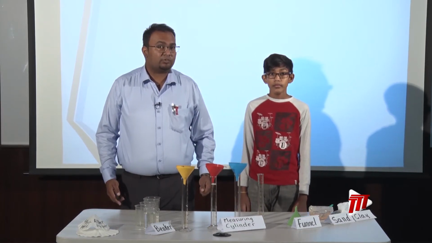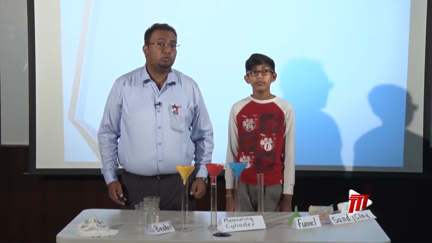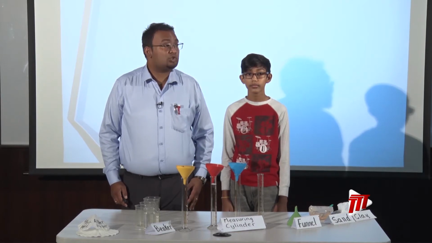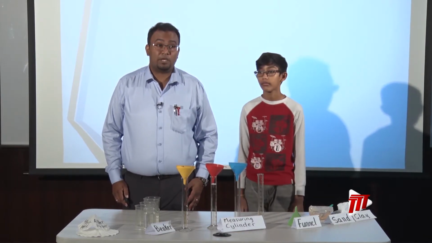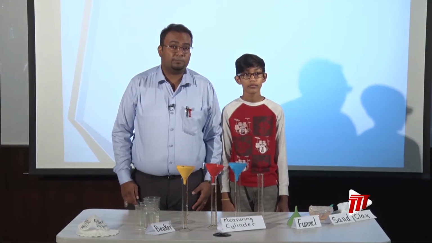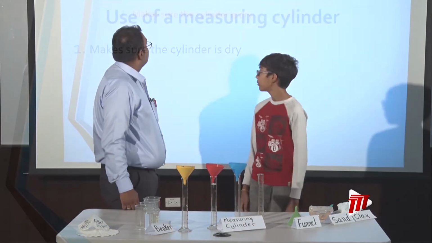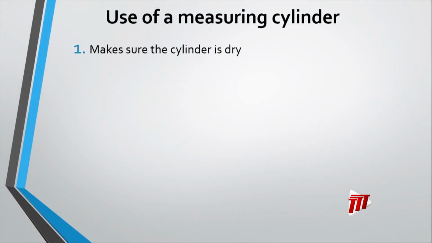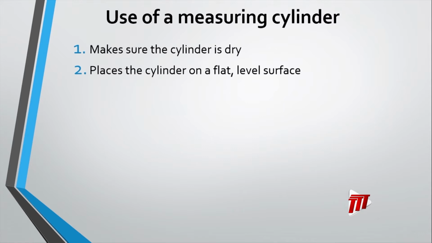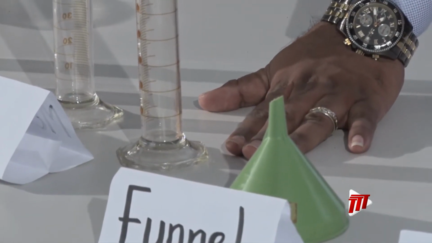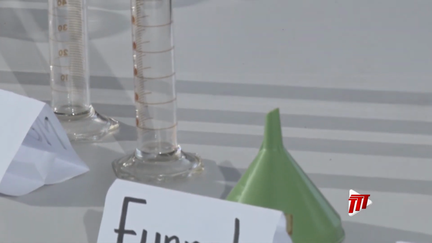In science, we have special ways in which we use our equipment to make sure we get correct measurements and our experiments work properly. So, a few things. When we are using a measuring cylinder, make sure it's dry. And one very important one is making sure the surface, wherever we are placing the measuring cylinder, is level, it's flat.